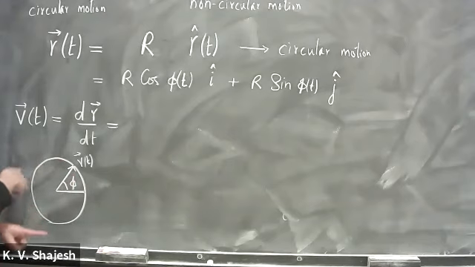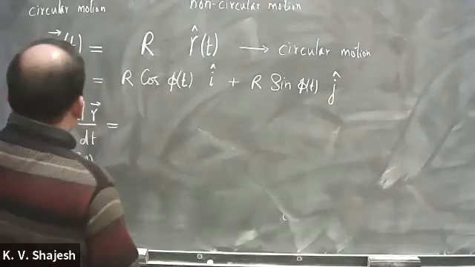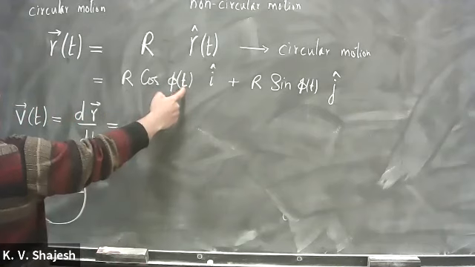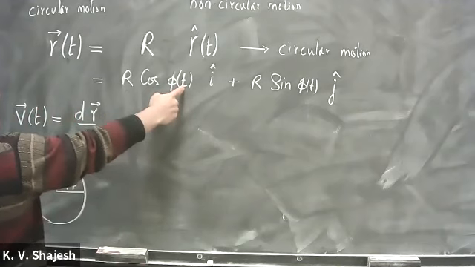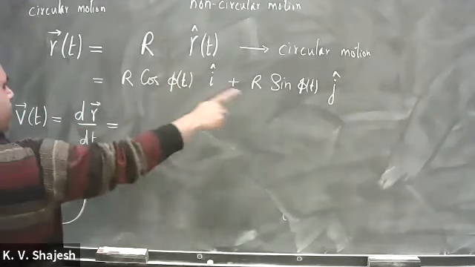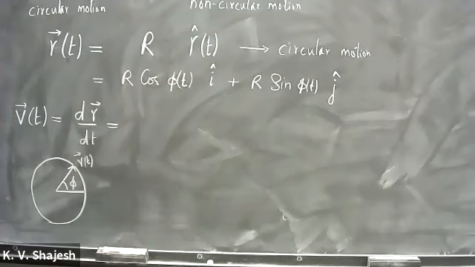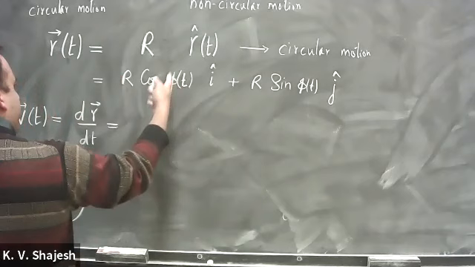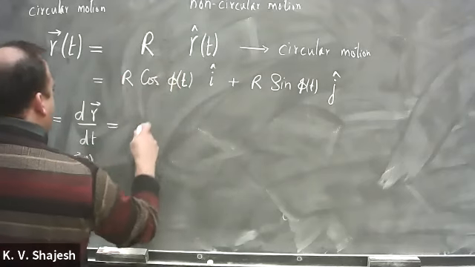As time evolves, this keeps increasing. So if I'm taking the derivative, the derivative operates on this function, which is the angle, and nowhere else because the length of the vector remains the same. But this is an arbitrary function. I don't know what it is, so you have to use chain rule.